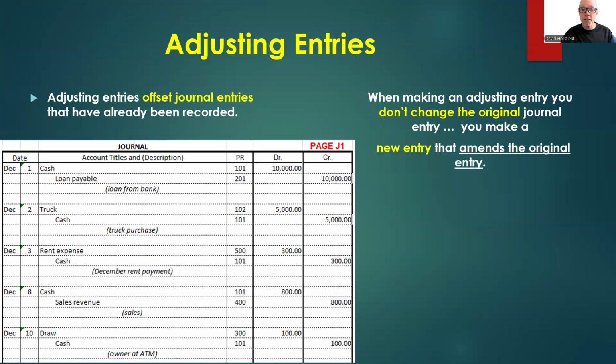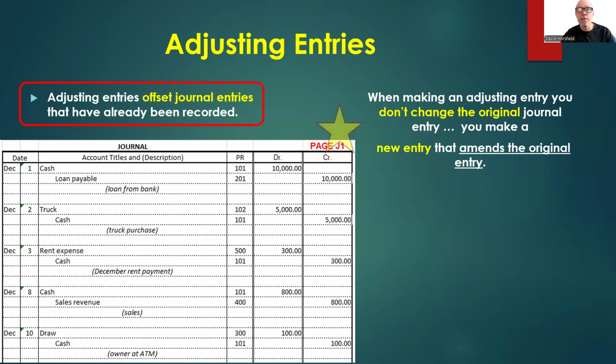Now, there's a lot going on this page, so just follow the screen here. So we know that the adjustments. Here's a really important point. Adjusting entries offset journal entries that have already been recorded. So we're going to create some adjusting entries that offset and create some sort of counterbalance to existing journal entries that are already recorded in the process.